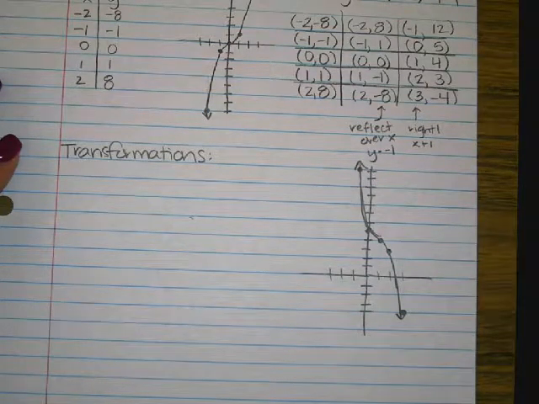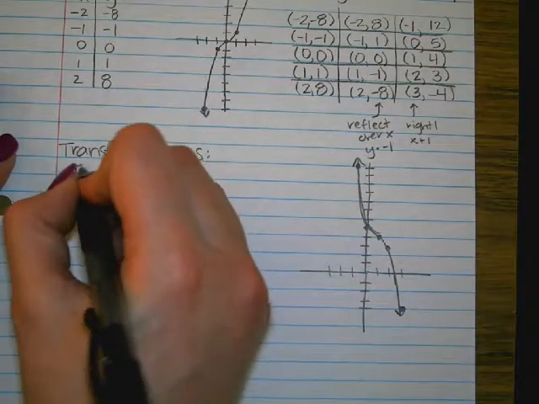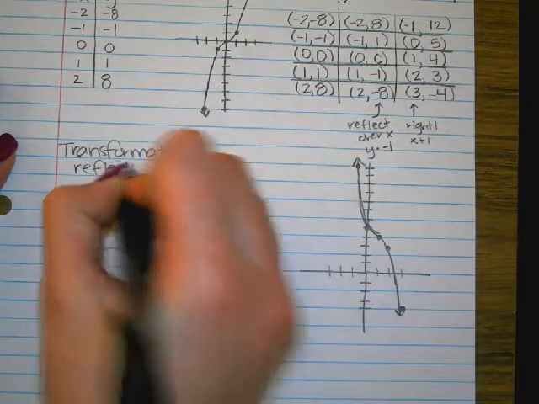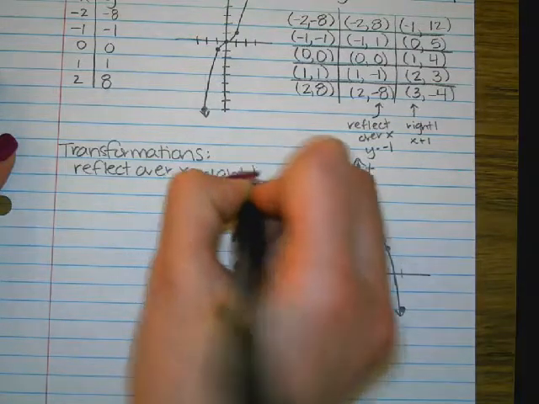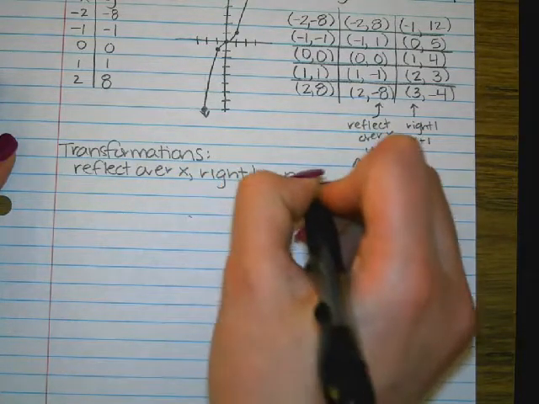So for our transformations, we have reflect over x, right 1, and up 4.